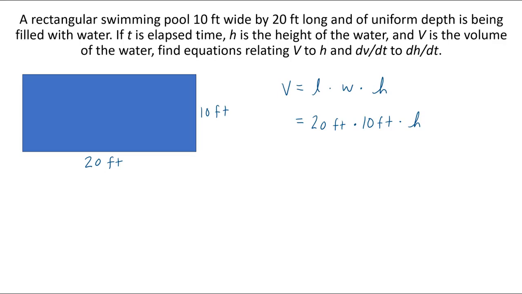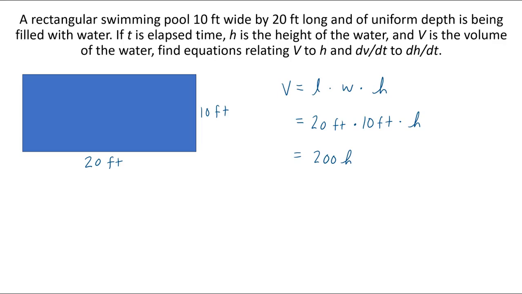So we have the volume is equal to 20 feet times 10 feet times the depth or the height. And 20 times 10 is 200. So that means in this specific instance, a formula that relates the volume to the height of the water or the depth of the water is V equals 200 times H.